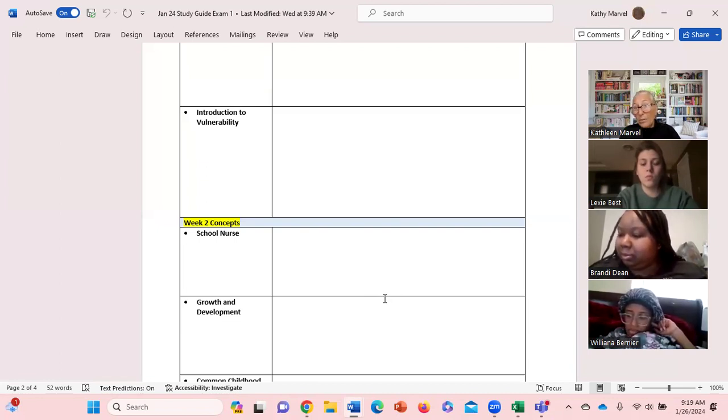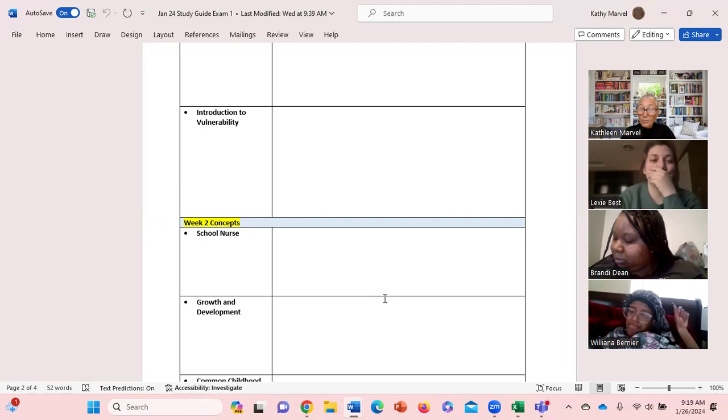We know our migrants are vulnerable, right? People with chronic complex illnesses, they're vulnerable. We also know that one of the primary causes of vulnerability is poverty. We've talked about that in class. What are other things that make people vulnerable?